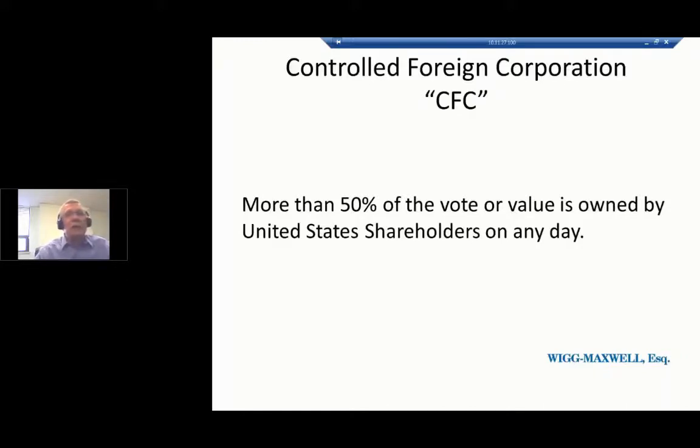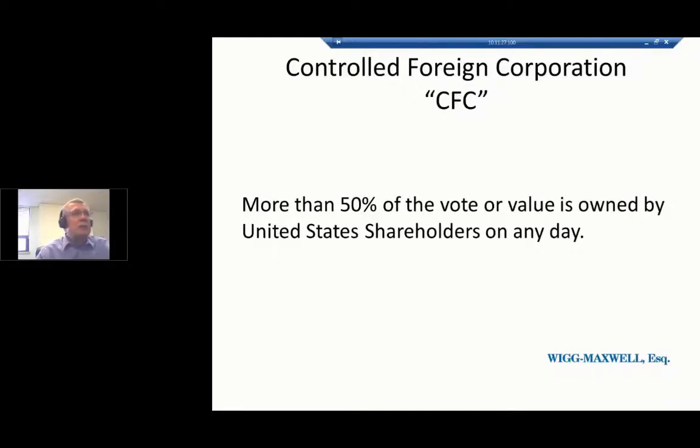If you have a deadlock, there's no controlled foreign corporation. More than 50% gives you control. It's a foreign corporation controlled by United States shareholders, so the IRS says we ought to be able to get enough information to know what's going on inside that corporation, because the U.S. people control it, and they should have an interest in providing that information.